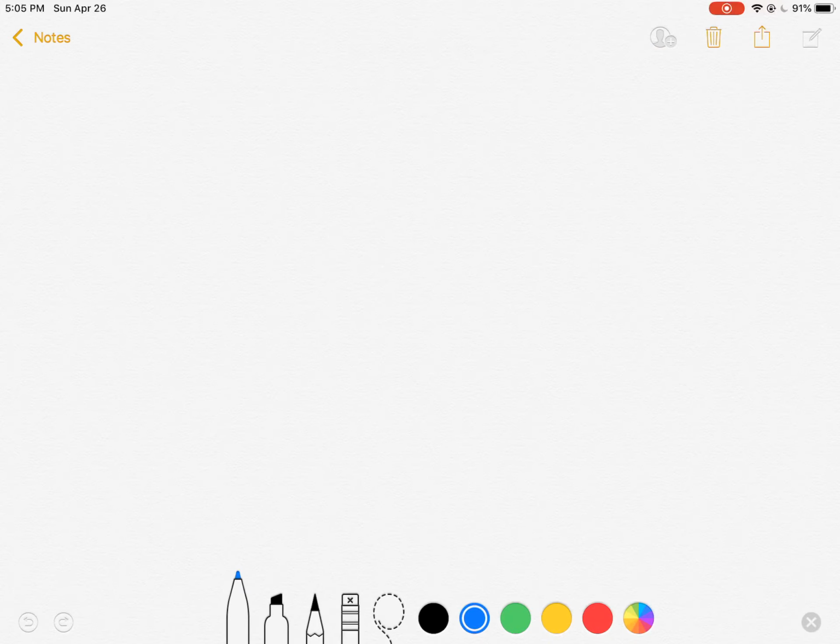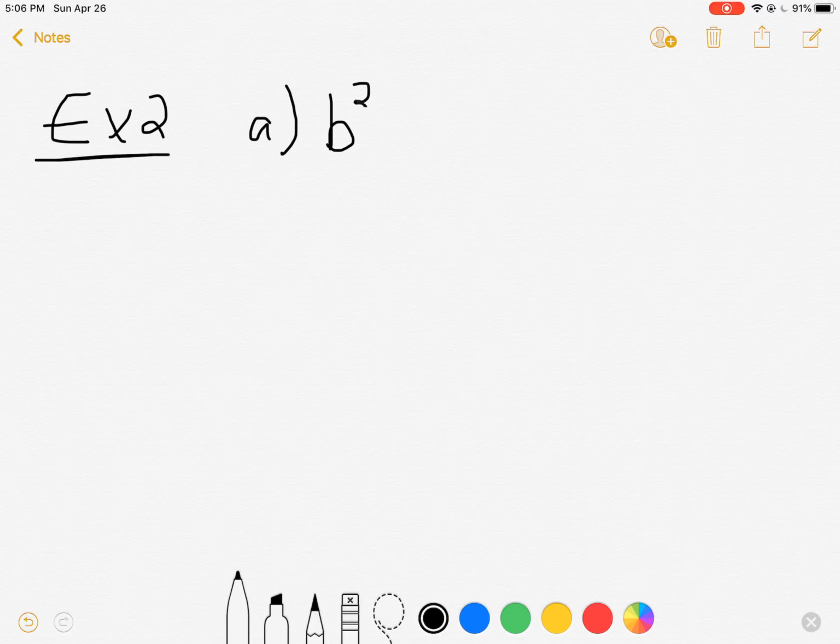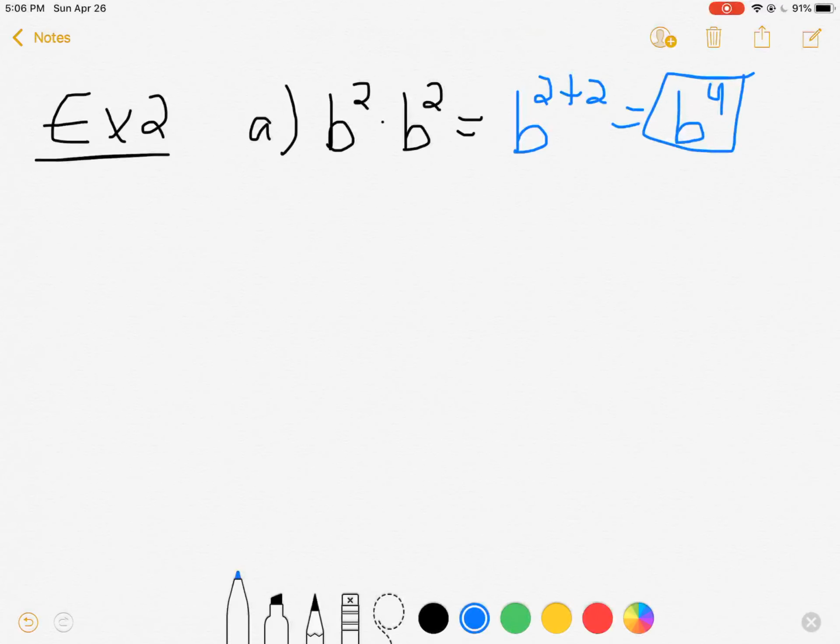Example 2. Instead of numbers, I have variables. I have b to the second times b to the second. They're both b's, so my rule says keep the base the same, add the exponents, and that's b to the 4th for a final answer.